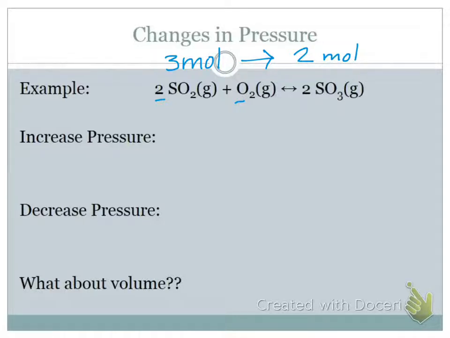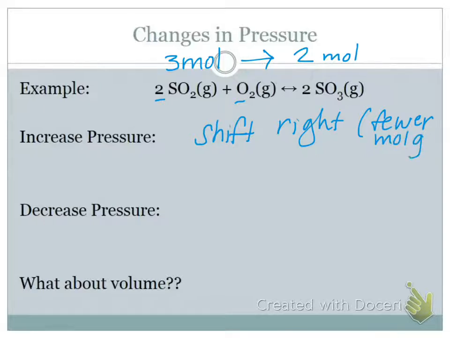Now I can answer my questions about changes in pressure. If I were to increase the pressure, what would happen? It would shift to the right because there are fewer moles of gas. So that means I would favor my product.